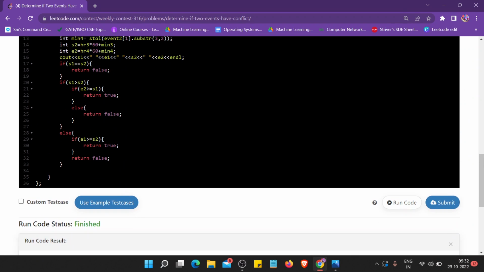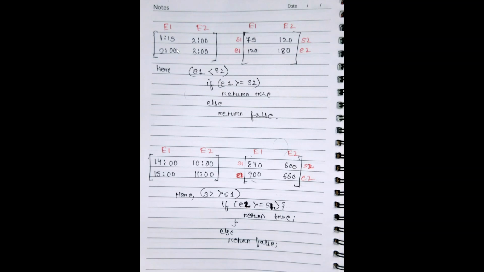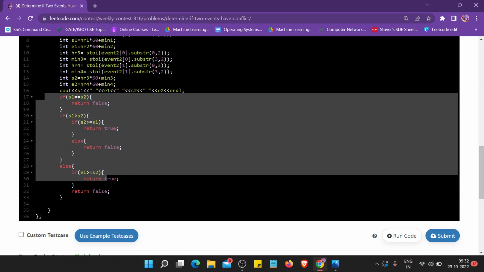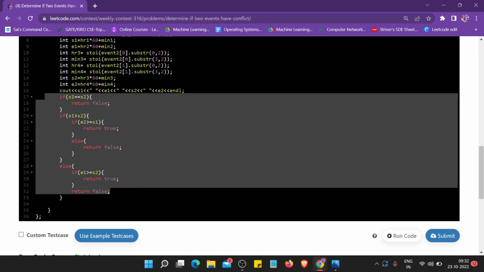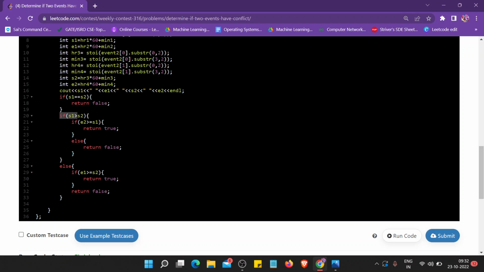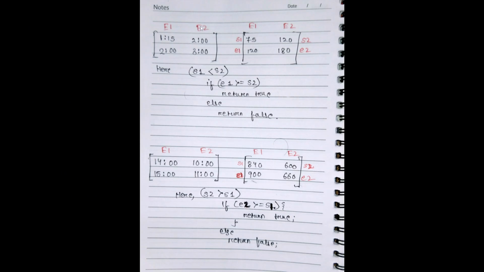Let's see some further examples. Here in the first case, are the conditions. If the start of the two events is the same, then we return true instantly. If s1 is greater than s2, as in this case... I think I have made some mistake here.